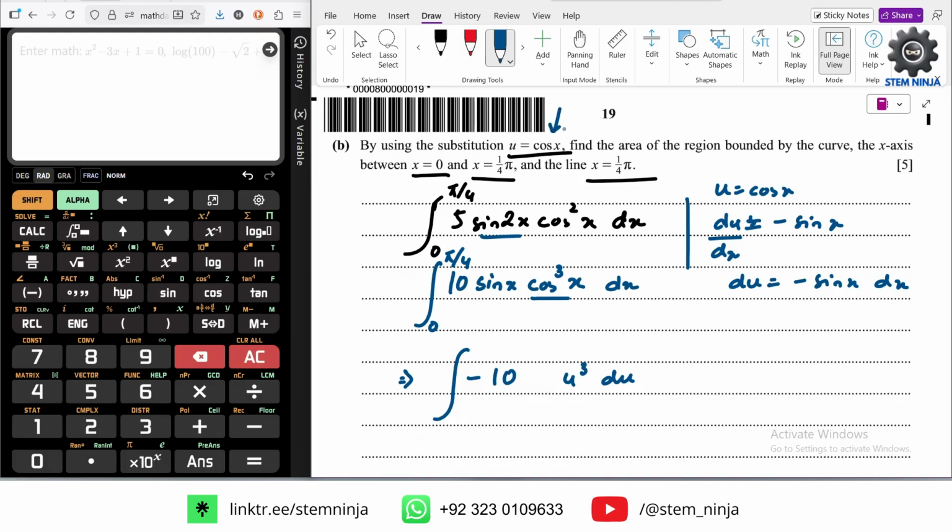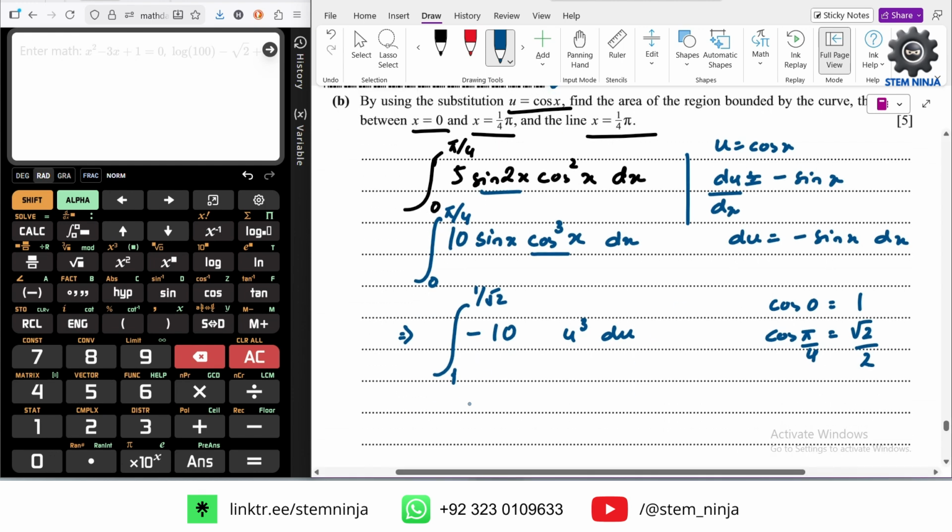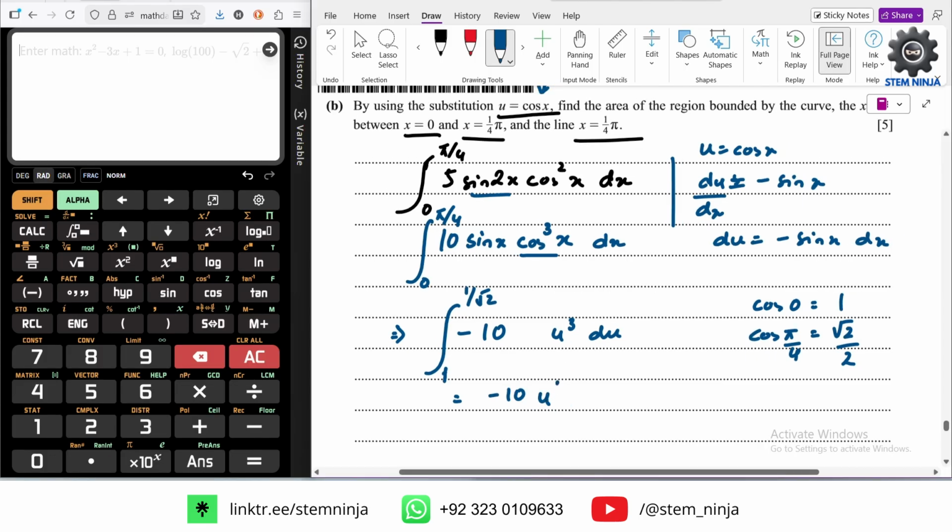Now we also need to substitute the limits. So cos of 0 is 1 and cos of pi by 4 is root 2 over 2, which is 1 over root 2. So you have minus 10 u raised to power 4 over 4 from 1 over root 2 to 1.